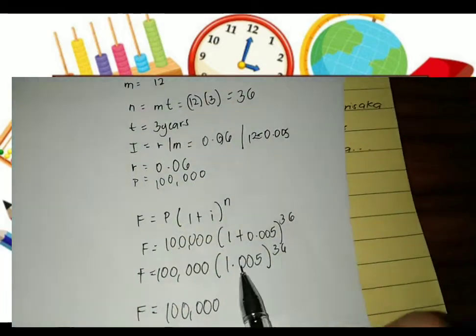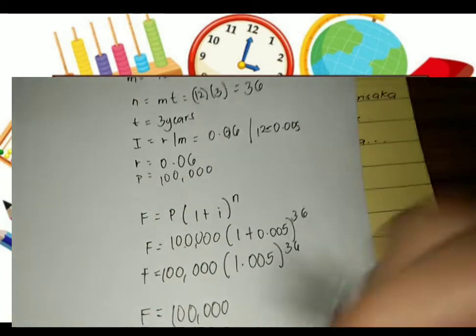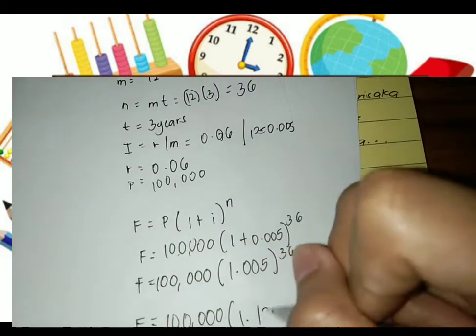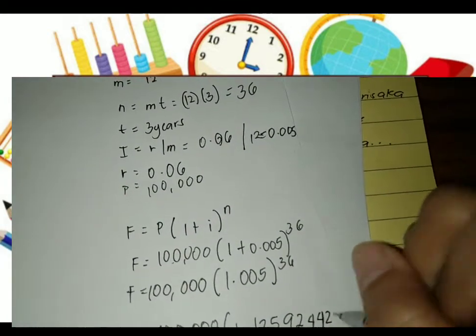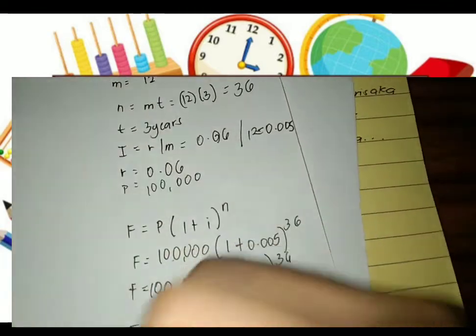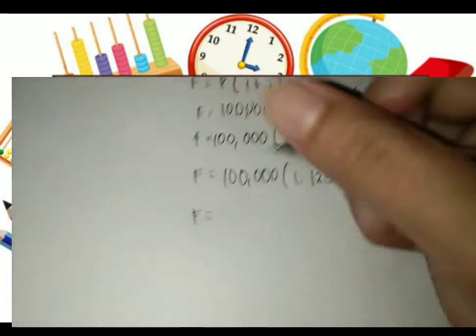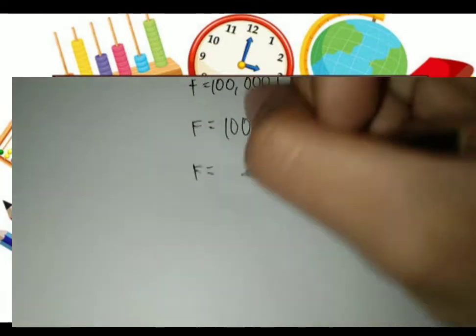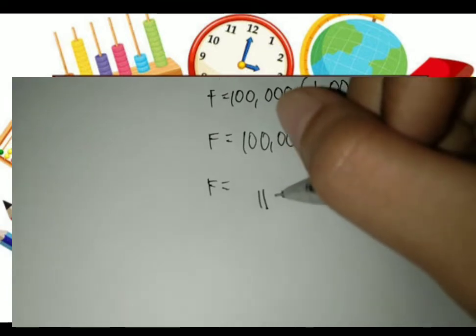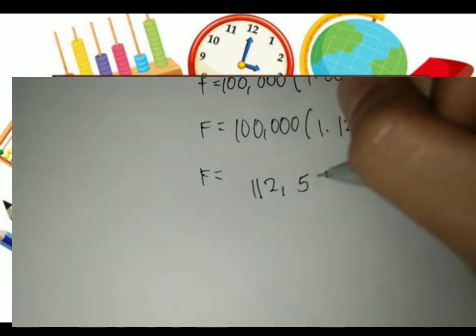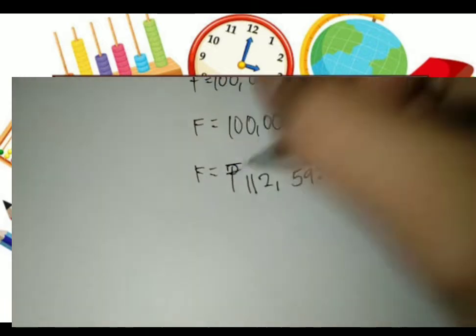Now we are going to solve it. 1.005 raised to 36, and the answer is 1.125924426. Okay, so we are going to multiply these two numbers. The answer is 112,592.4426 pesos.